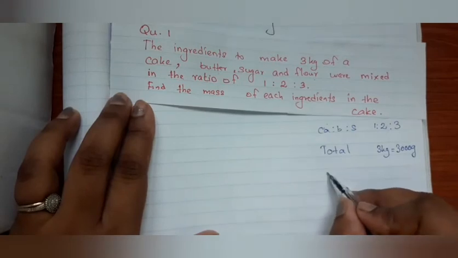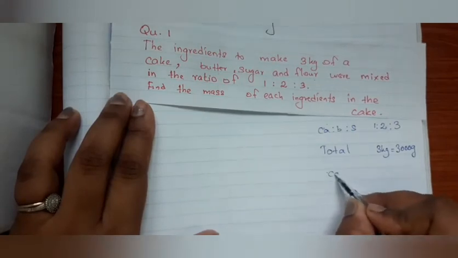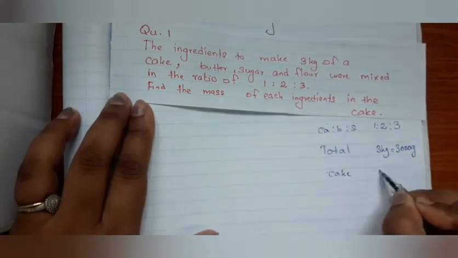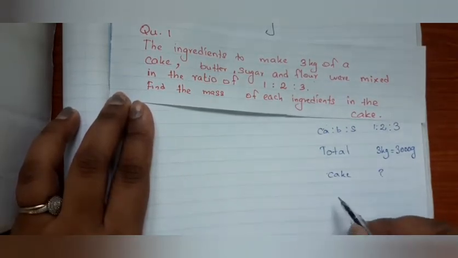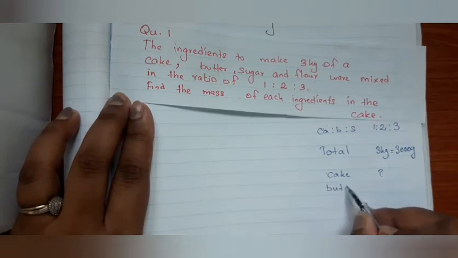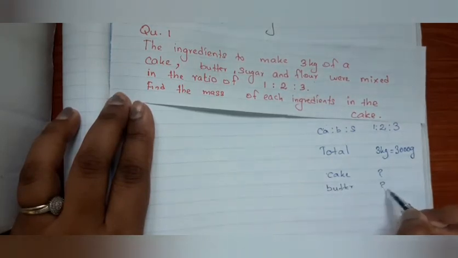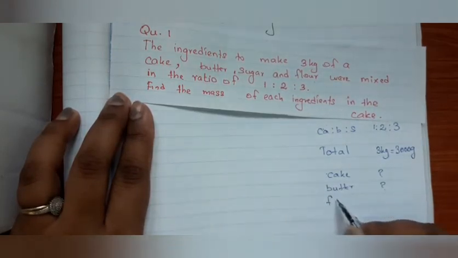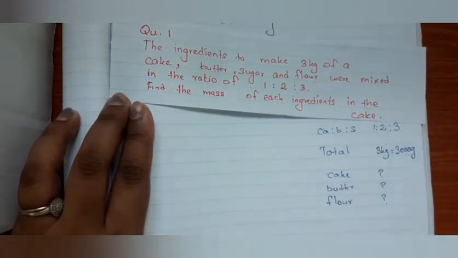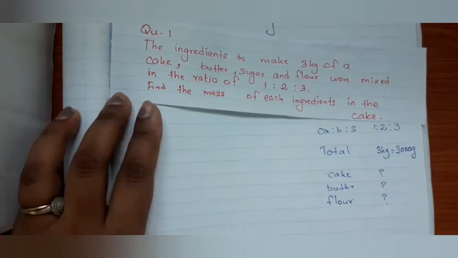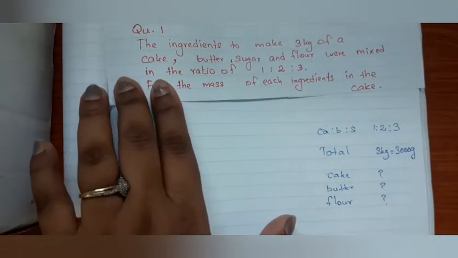Each means you have to find all three separately: cake, then butter, and then flour. Right. Now let's proceed with the method in order to find this.